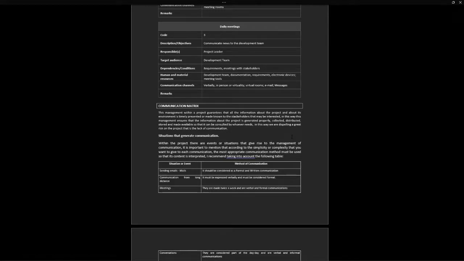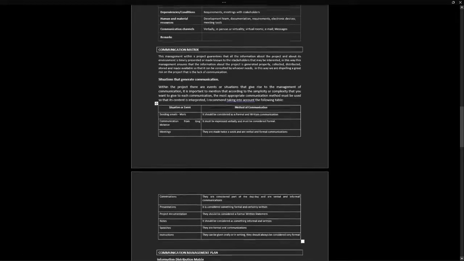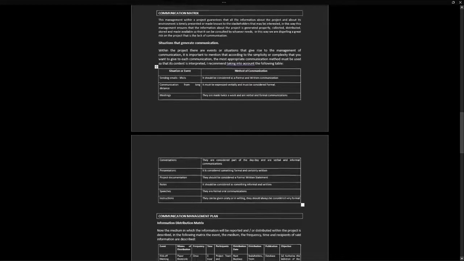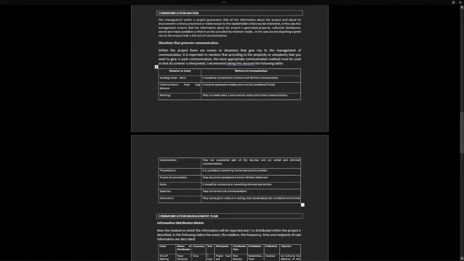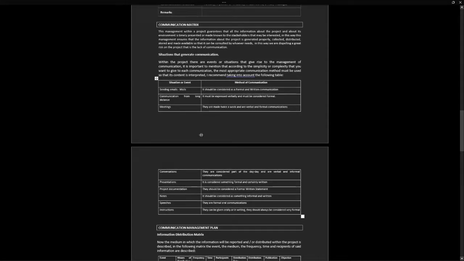I recommend taking into account the following table. So, you can find here some situations or events that can happen during the development of the project. And we're going to take a look at the situation and also the method of communication for each one.